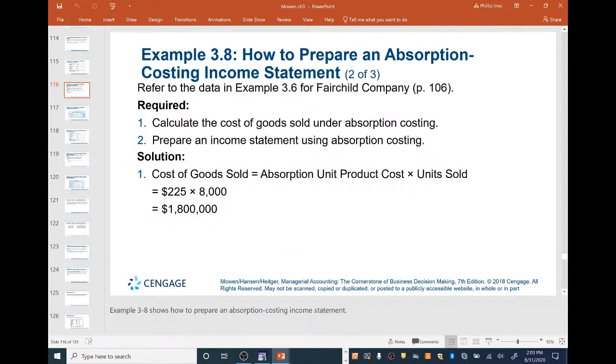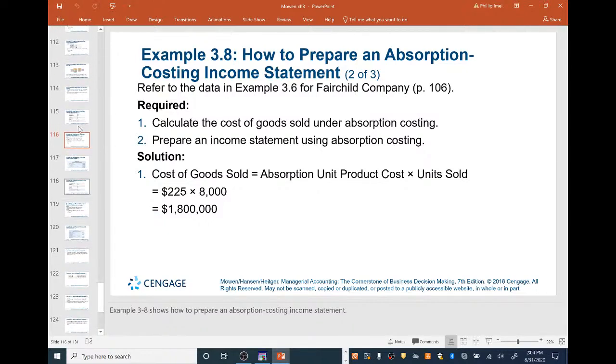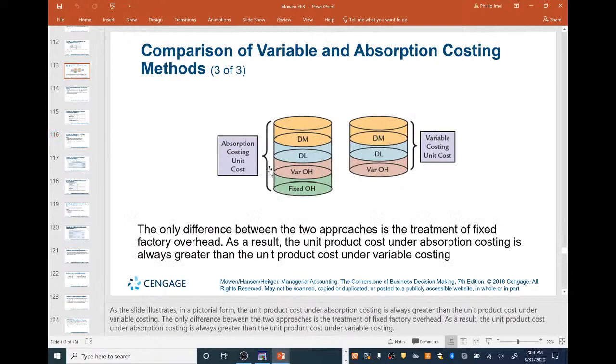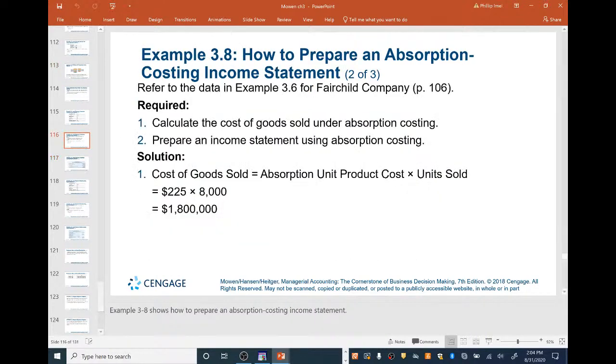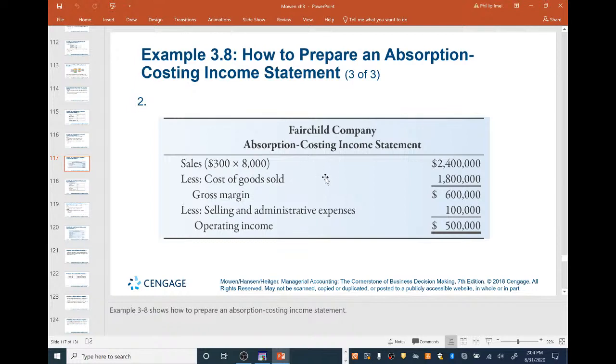We know the units sold was given, 8,000, and the absorption unit product cost, remember, is comprised of direct material, direct labor, variable overhead, and fixed overhead, okay? So that gives us the absorption unit product cost times the units sold, which was given. So that's the 1.8. Once again, that's our cost of goods sold.